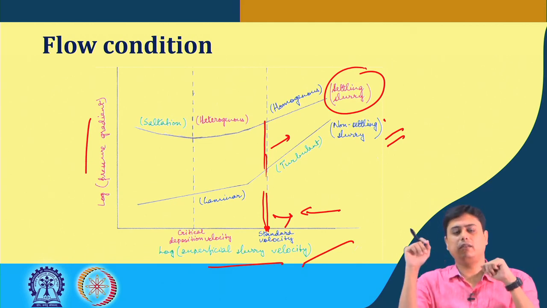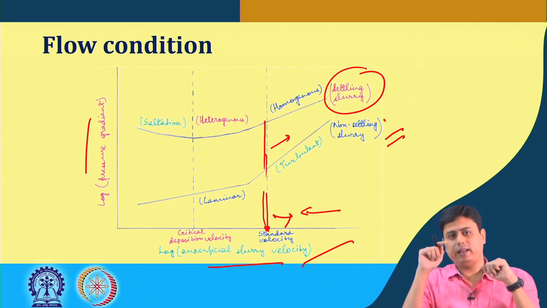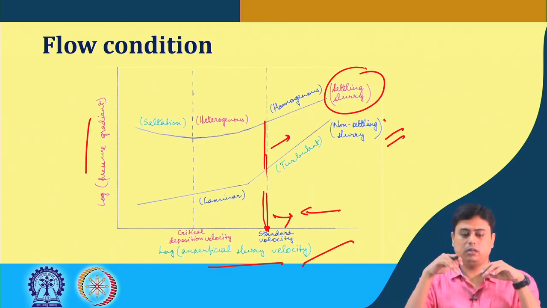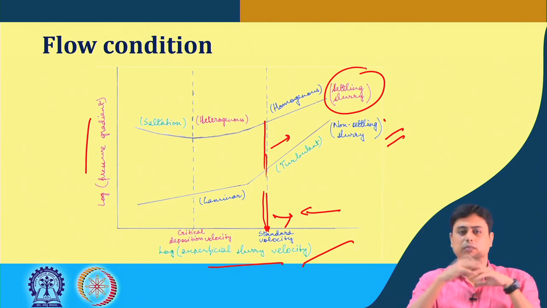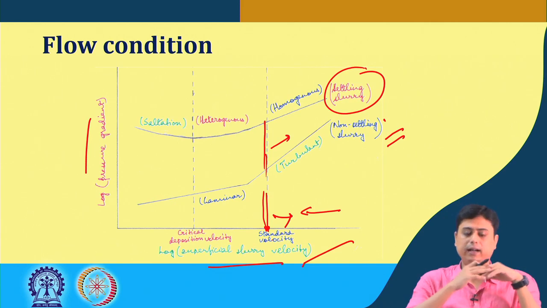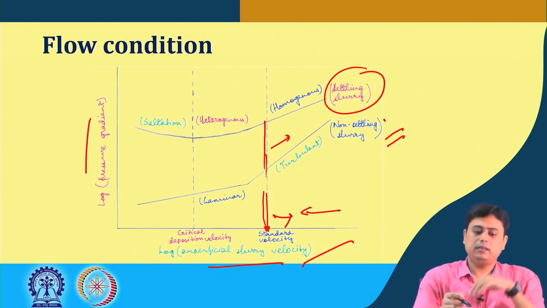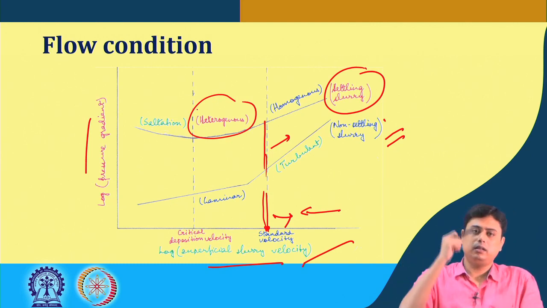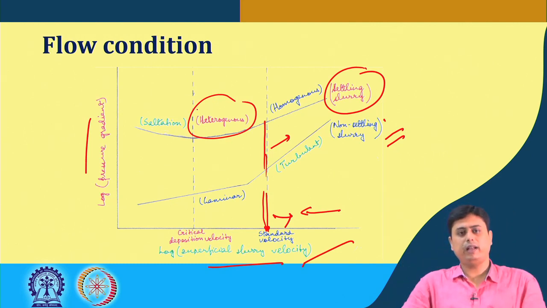Once we increase the bulk velocity to a greater extent, then in the settling time in which it was falling, it would travel a long distance. With that concept, it creates a homogeneous mixture or homogeneous flow. But below this standard velocity, there is evidence of heterogeneous flow, which means there is a concentration gradient across the cross section.